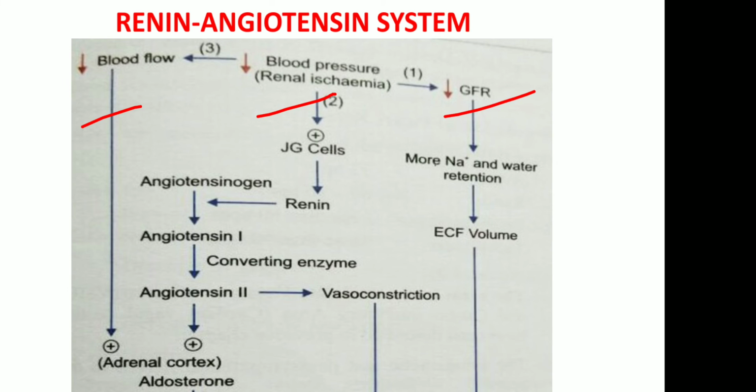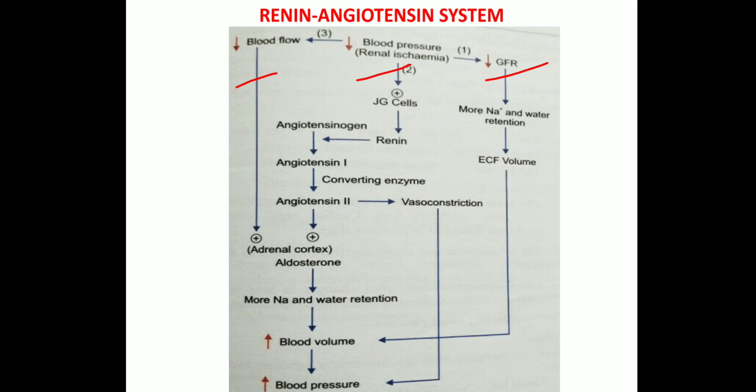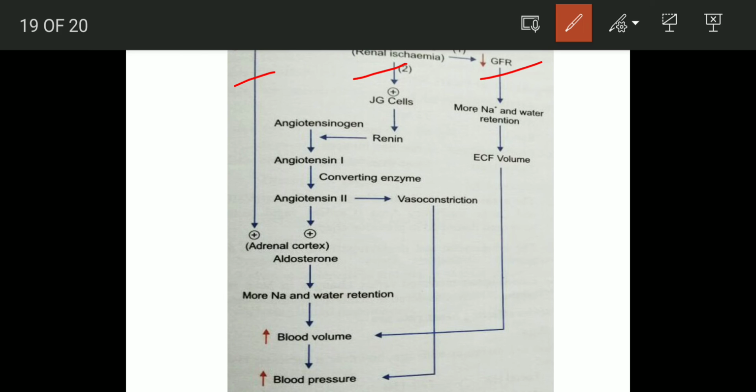These JG cells will basically get stimulated, and this will be secreting your renin. Okay, number 1, once the renin is secreted, we have discussed where the JG cell is present and what the JG cell will release. These juxtaglomerular cells will be stimulated, and this will release renin, number 1.